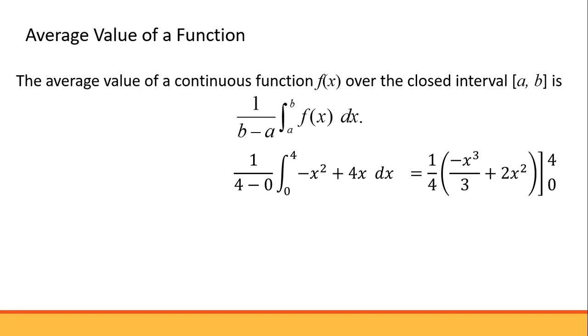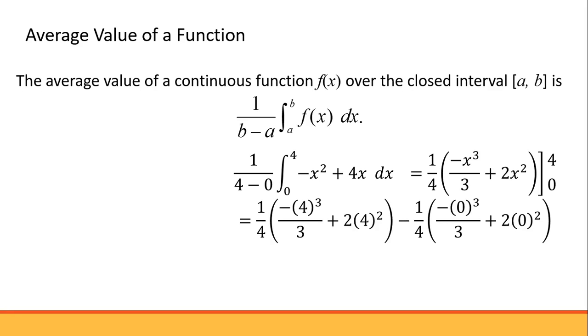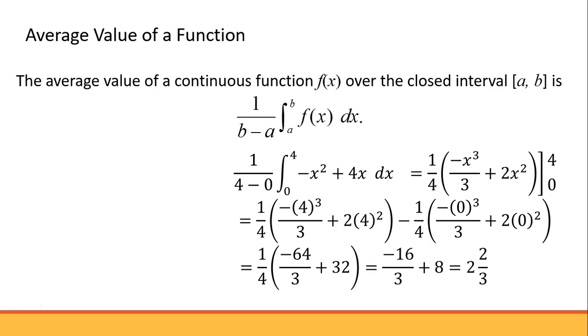So we'll find the antiderivative, and we'll evaluate at 0 and at 4. And remember, we have to multiply all of that times 1/4, and we end up with 2 2/3.